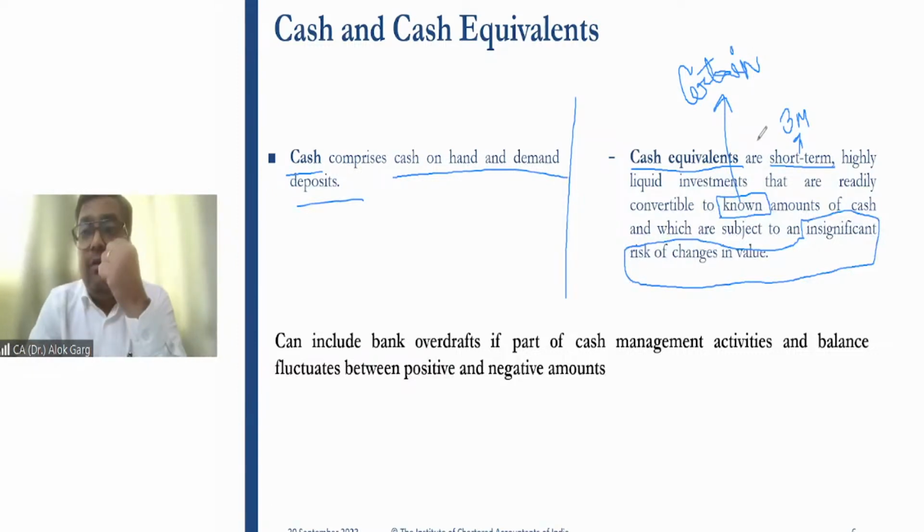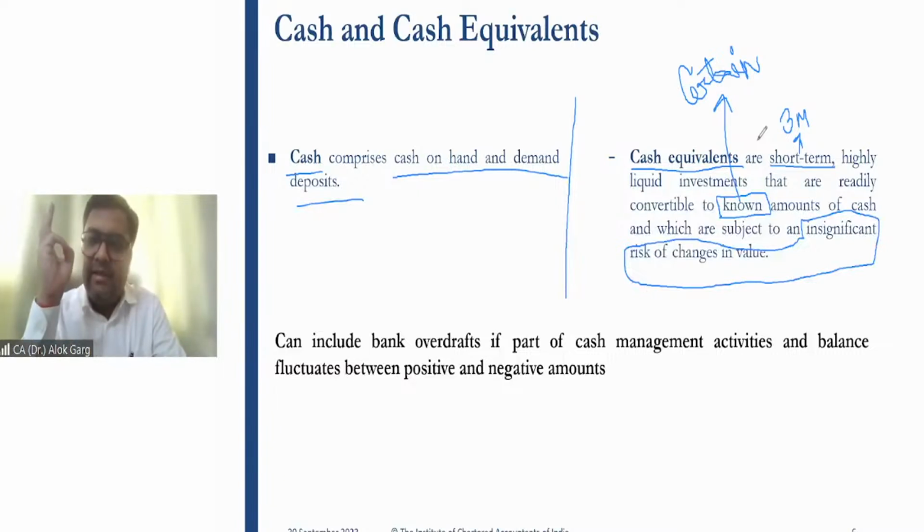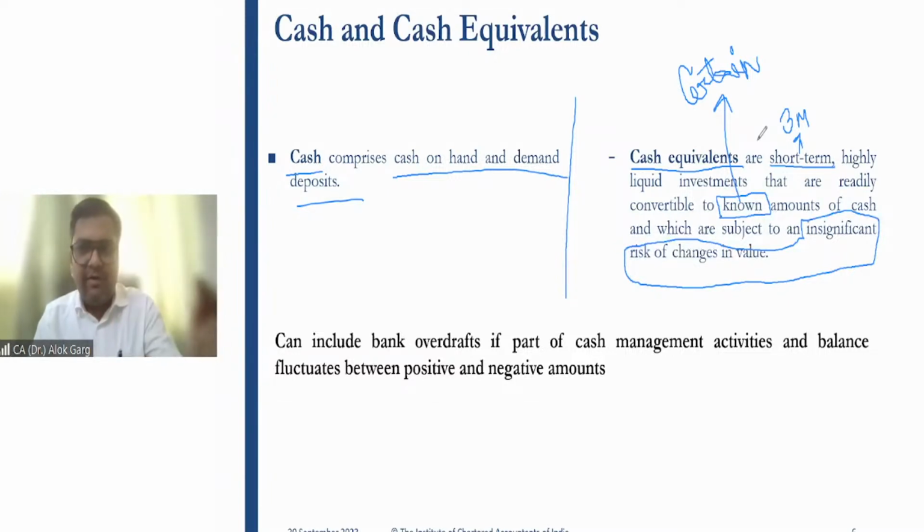Friends, if you have invested in shares of Infosys today at 1500 rupees, can you give me a guarantee that I'll sell after 3 days and I'll receive 1700 rupees? Do you know how much money you are going to make, or how much money you will convert from this investment into cash?